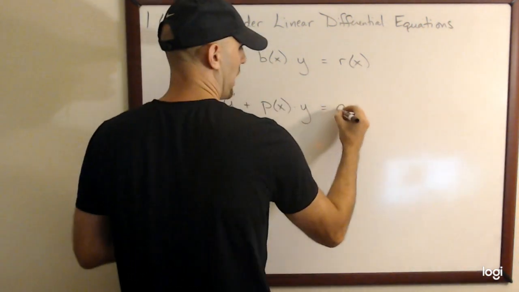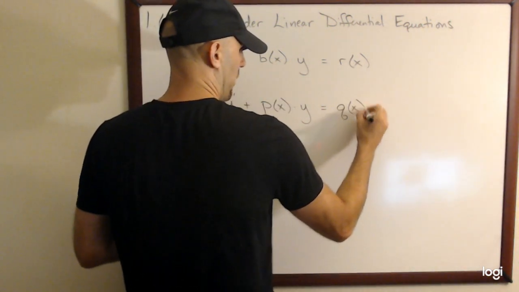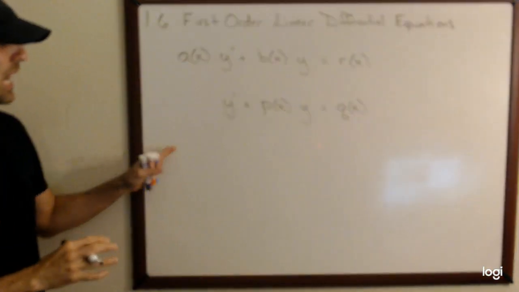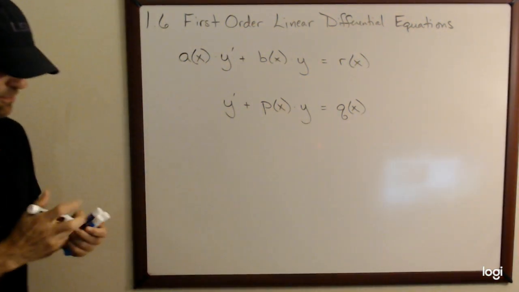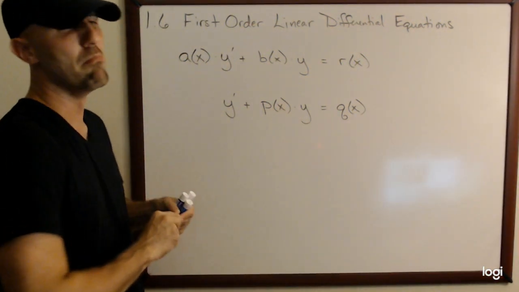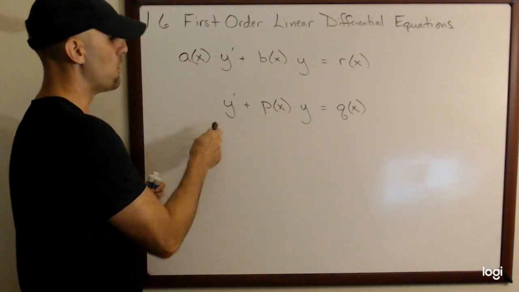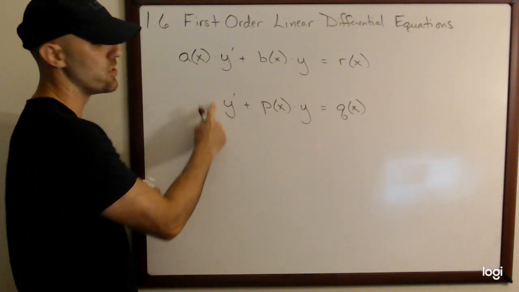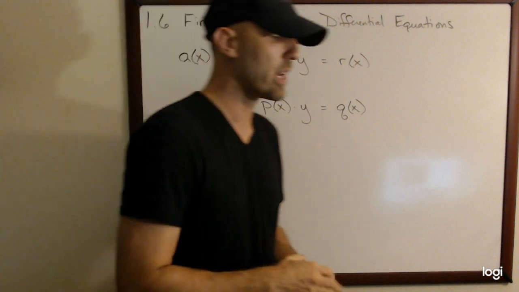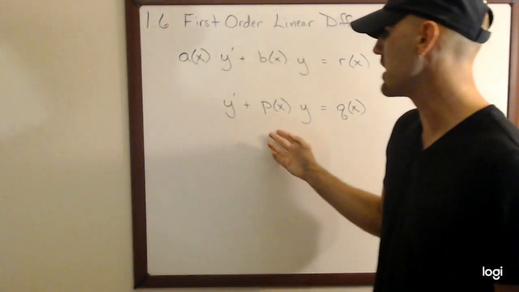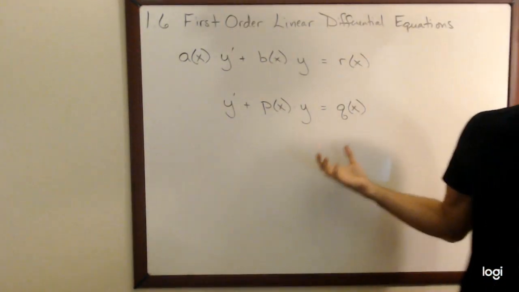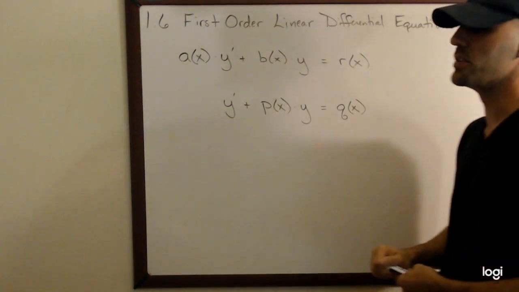I'm going to call that q of x. So really, it looks like this, and we call this one monic. Monic just means that first coefficient is 1. So we're going to operate from this particular version of a first order linear differential equation.